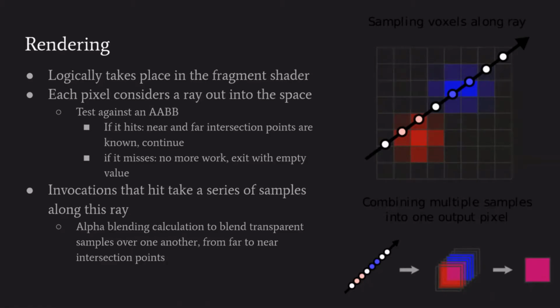And I found this very appropriate picture on Wikipedia. I was just looking for a picture of samples along a ray. Somebody had made this. It's on Wikipedia, but it's not on any page, which is interesting. But anyway, alpha blending is done by taking these samples back to front and compositing them over one another to create the final output color.